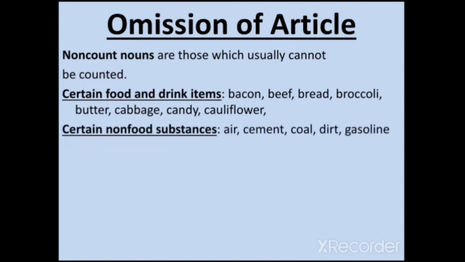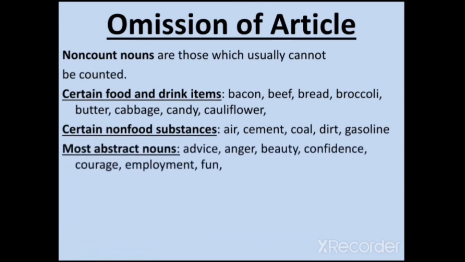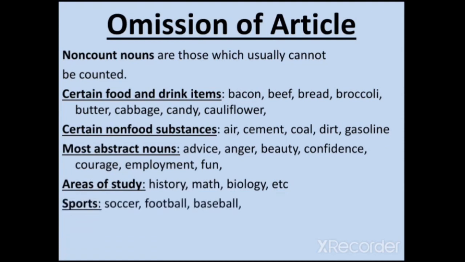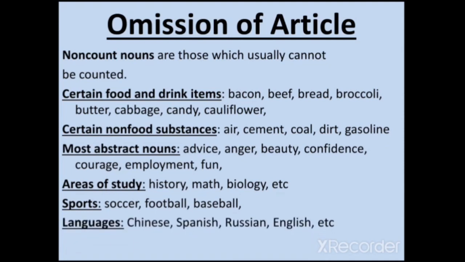For certain non-food substances like air, cement, coal, we do not use an article. Before most abstract nouns, which we cannot see or touch, we do not use an article. Okay students, and before areas of study like history, math, biology, we do not use any article, and before sports names we do not use any article, and before any language we do not use an article.